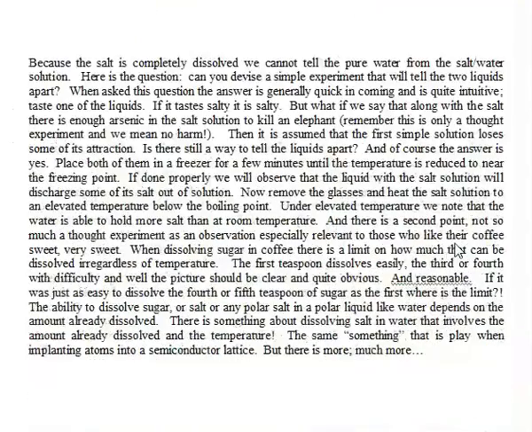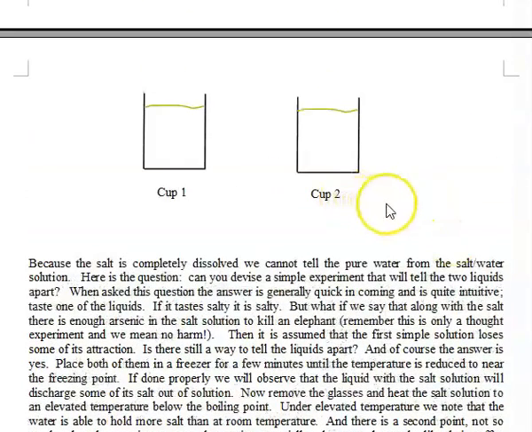I'm going to claim that one way to tell the pure water from the salt water is to take both cups and put them in the freezer and lower the temperature to close to freezing. What will happen, I claim, and you can do the experiment yourself, is that in the cup which has the salt water, the salt will come out of solution.